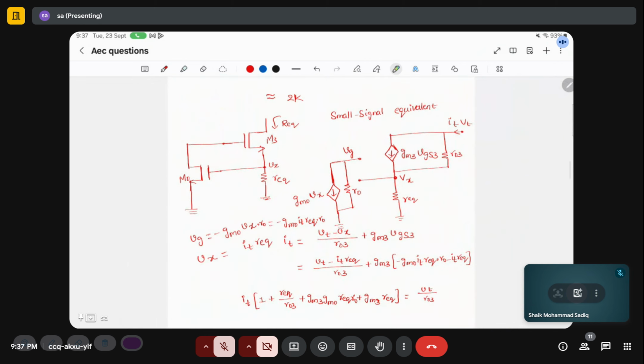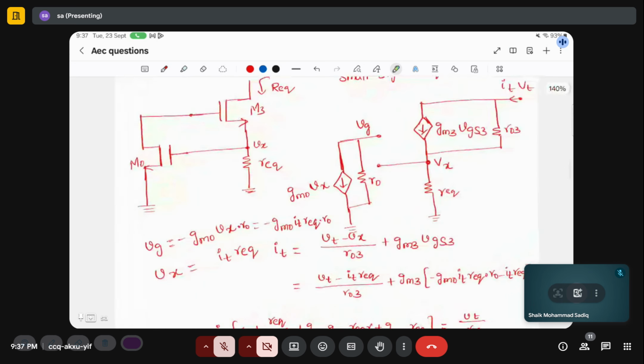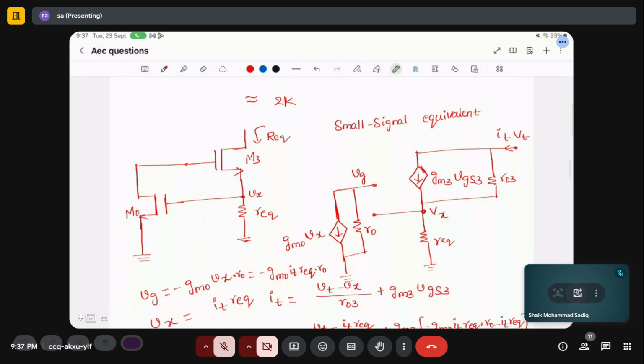So the thing is here, it is not straightforward. The only thing you have to remember is you are getting a current here. The small signal incremental current, you are applying a voltage source here, VT, and that IT is flowing into this resistor, and it is creating a small signal voltage Vx.